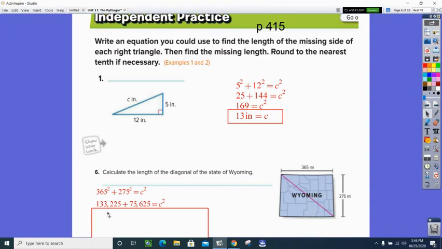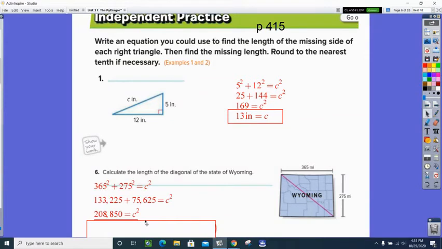So the 365 squared plus the 275 squared still equals c squared, and that's your second line of work. I'm now going to add these two together, and we've got 208,850 equals c to the second power.